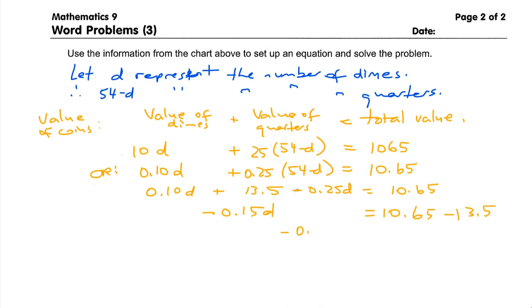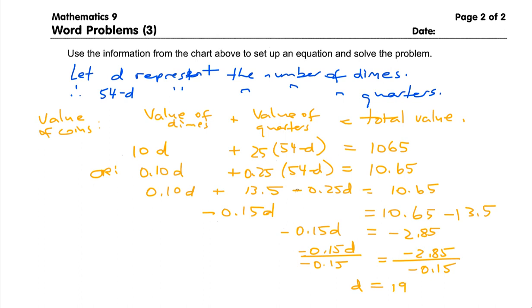And that gives me negative 0.15D equals, do a calculator, 10.65 minus 13.5, negative 2.85. I want to isolate D, so I'll divide both sides by negative 0.15. And I get D equals 19.